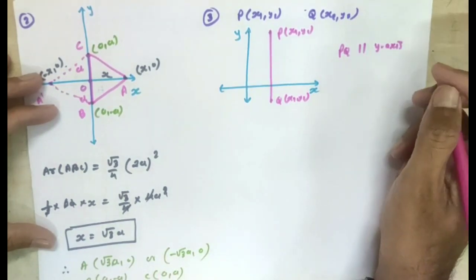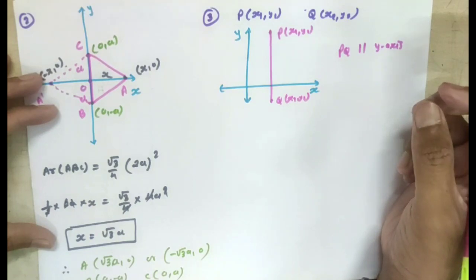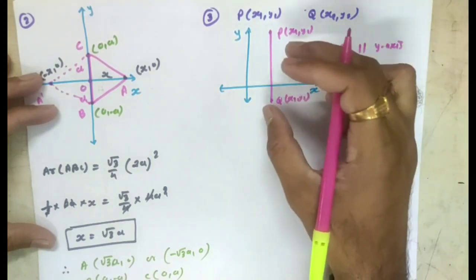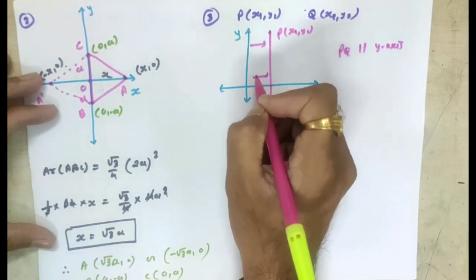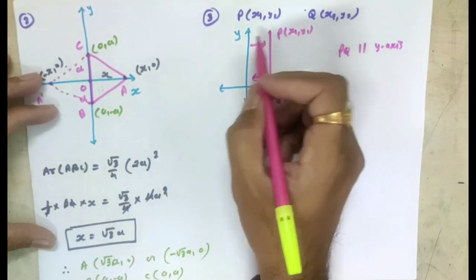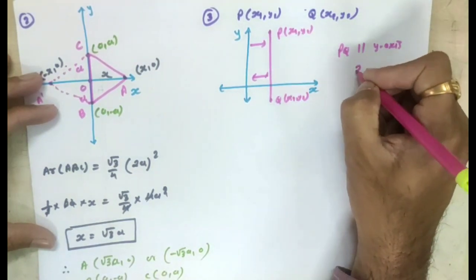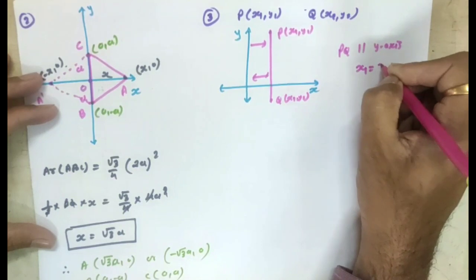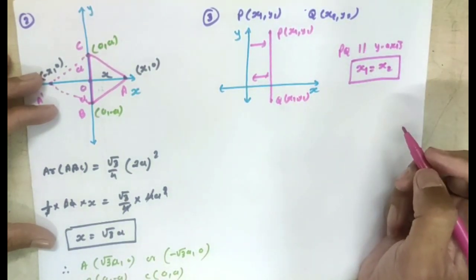So what is the property of any line parallel to the y-axis? If the line is parallel to the y-axis, its distance from the y-axis will remain constant. Now what is the distance of this line from the y-axis? It's the x coordinate. So the x coordinates will be equal. So x1 will be equal to x2.